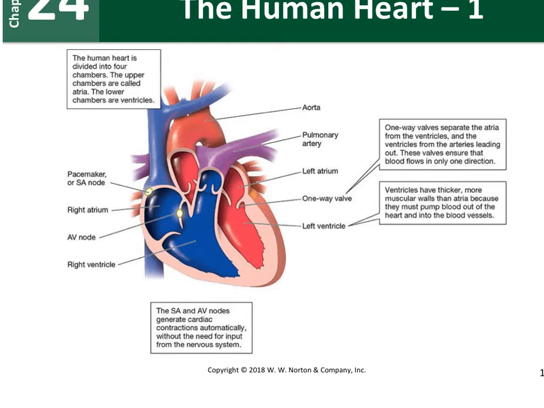In other words, atria take in blood. They receive blood from the rest of the body that's deoxygenated. And then there's the left atrium, and then there's also the right atrium.